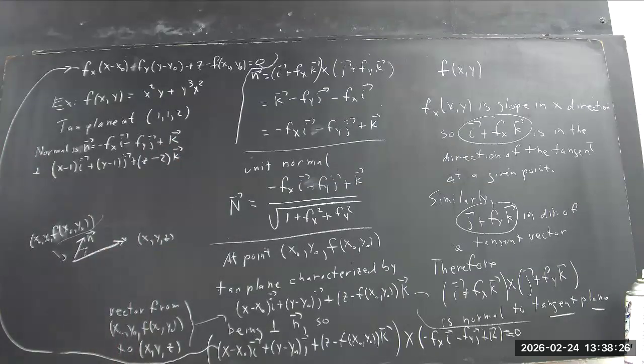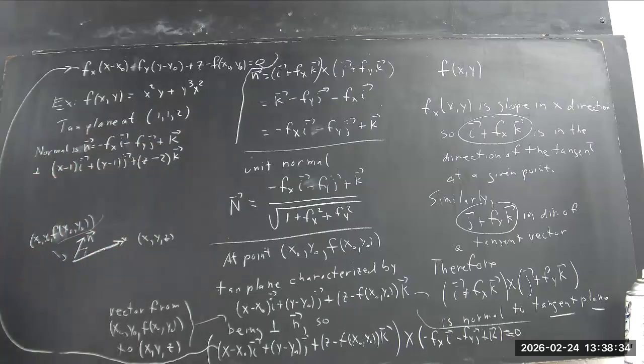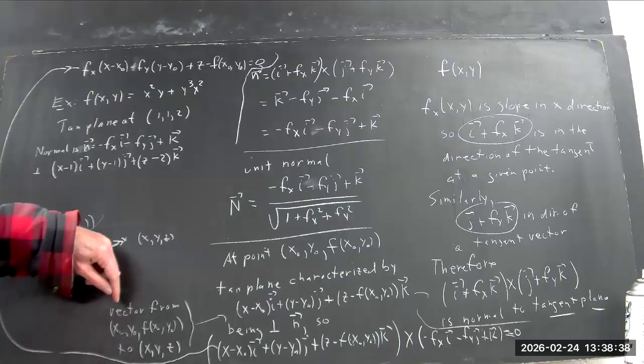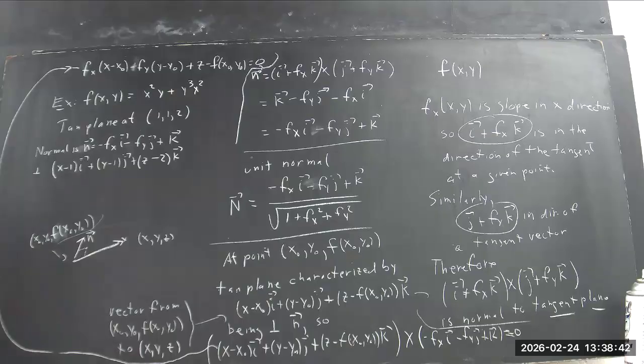Okay. Now what's this vector? This is a vector from 1, 1, 2 to x, y, z. Same vector that I said here, vector from x naught, y naught, f of x naught, y naught to x, y, z.